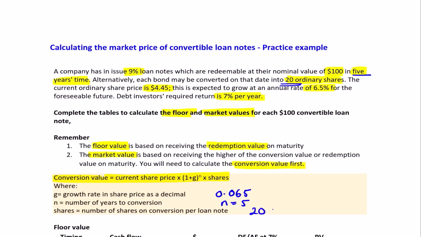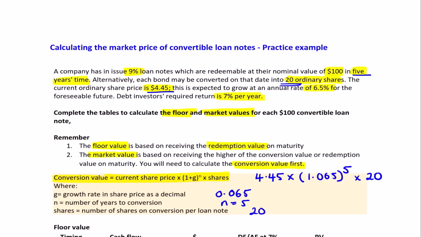So the conversion value will be the current share price of 4.45 times by 1 plus the growth rate, which would be 1.065, compounded up for 5 years, times by the number of shares, which is 20. So you put that into your calculator and see what you come out with as a conversion value.